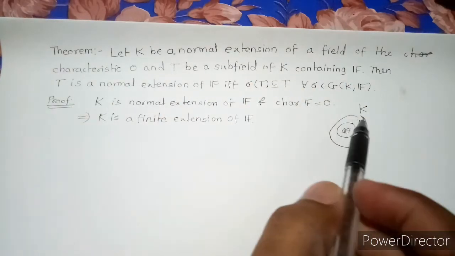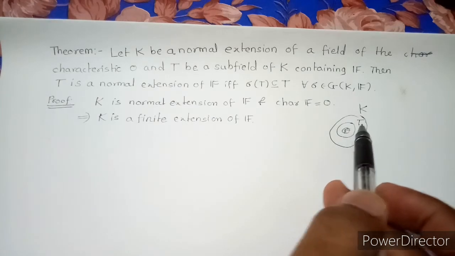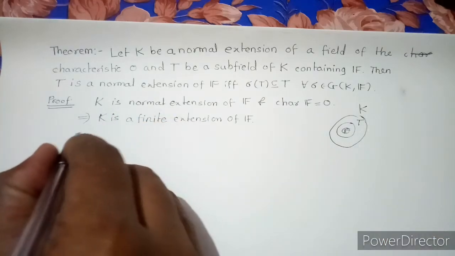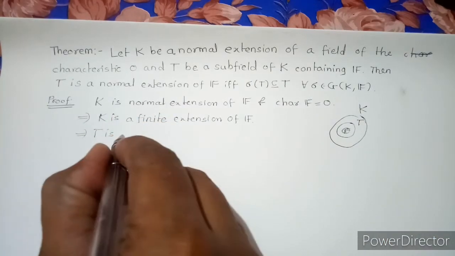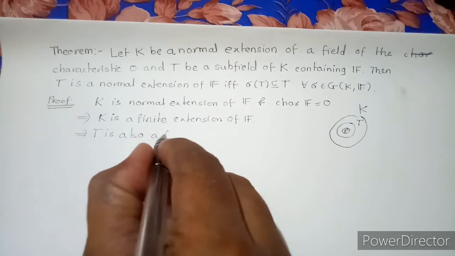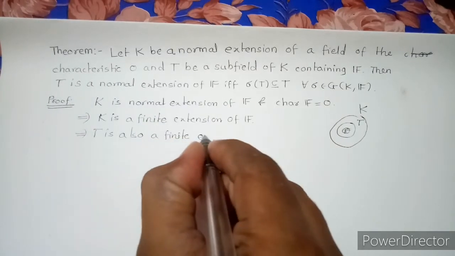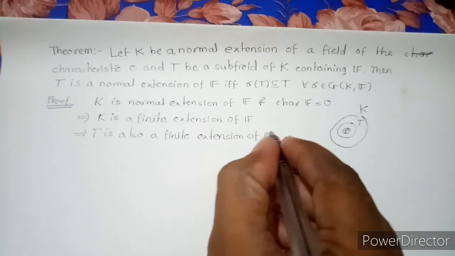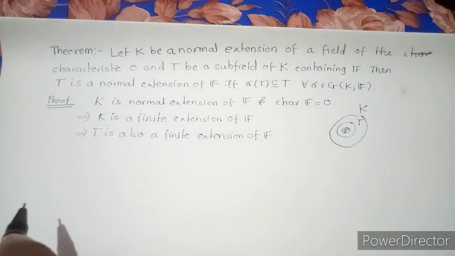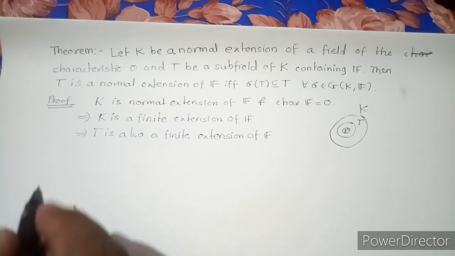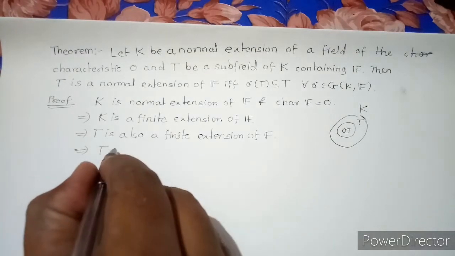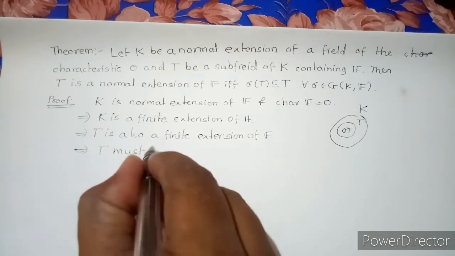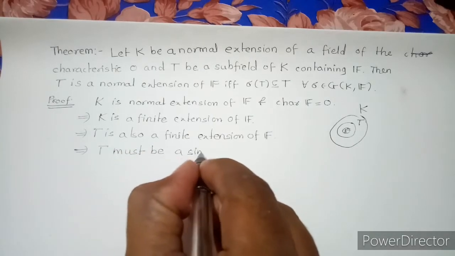So as K is a finite extension of F and T is a subfield of K containing F, T has to be a finite extension of F. But we know that the characteristic of the field F is 0 and T is a finite extension of the field F, then T must be a simple extension.